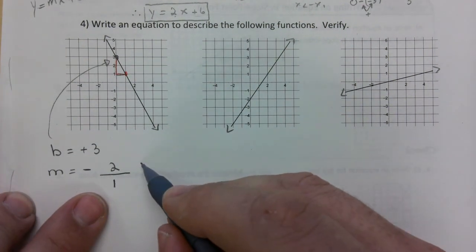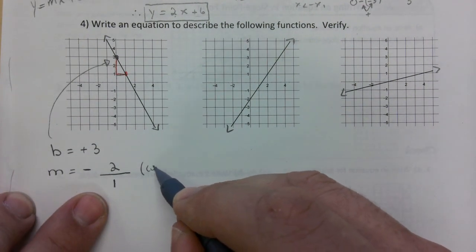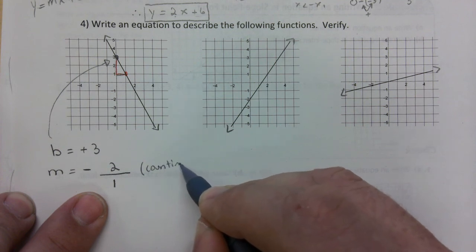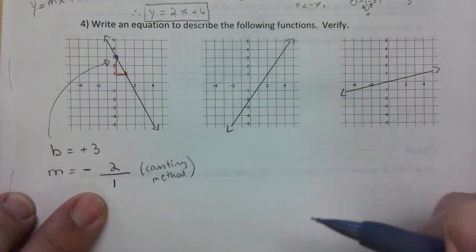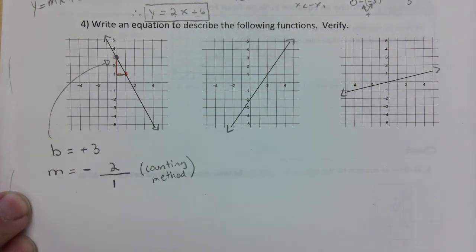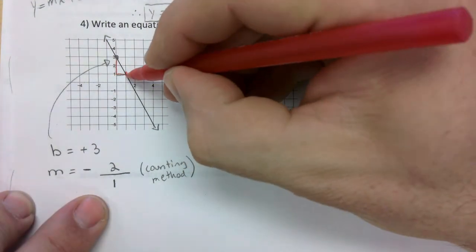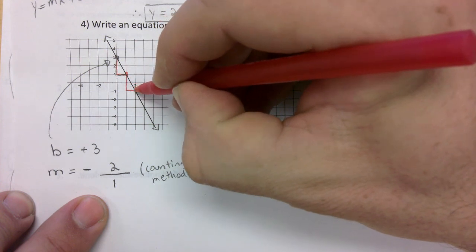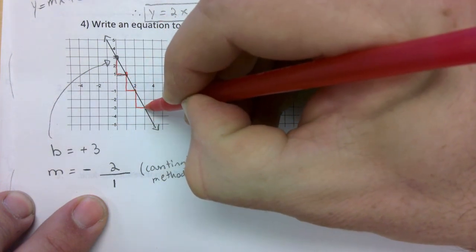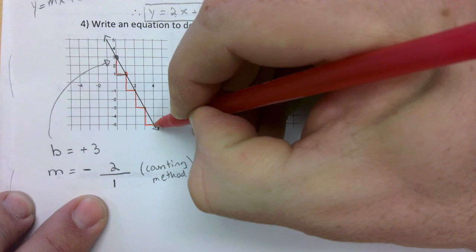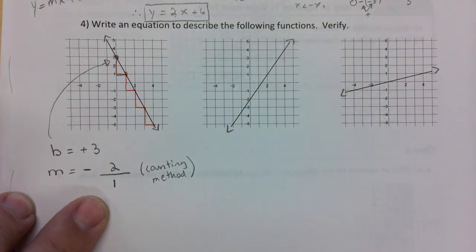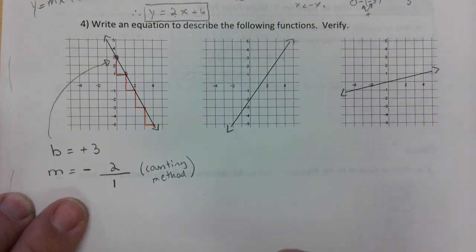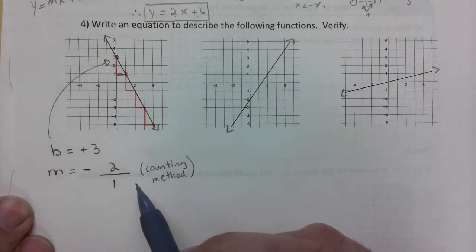I will just say this is the counting method. I just count, right? And you want to verify this way. Does it keep going the same way? Do I keep doing 2 and 1 and it stays on the line? And it is, right? So you are indeed looking at a negative 2 over 1.